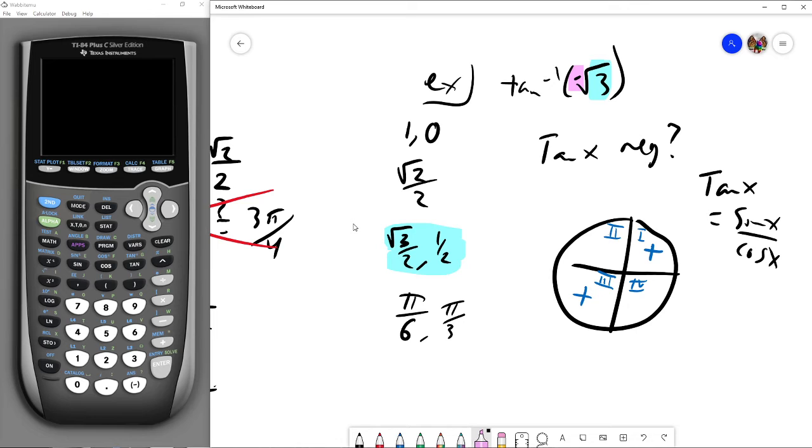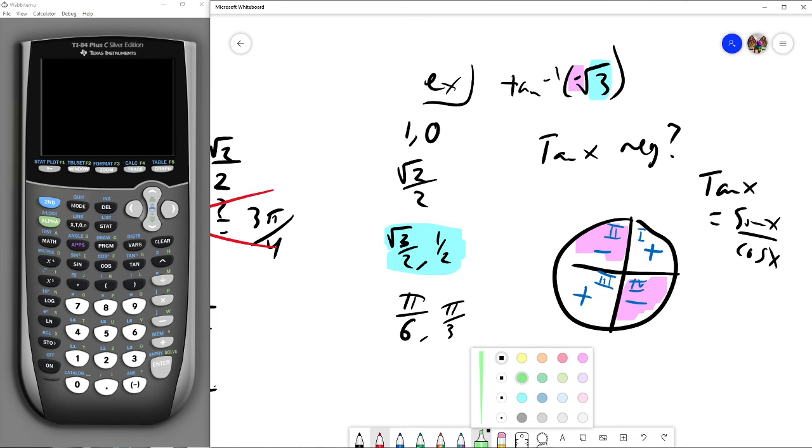The other thing we need to keep in mind now is that we are interested in the inverse trig function, the inverse tangent, arctangent. Arctangent has a range only in here. Actually, maybe we should use a different color. So the negative tells us our answer has to be in one of these two quadrants.